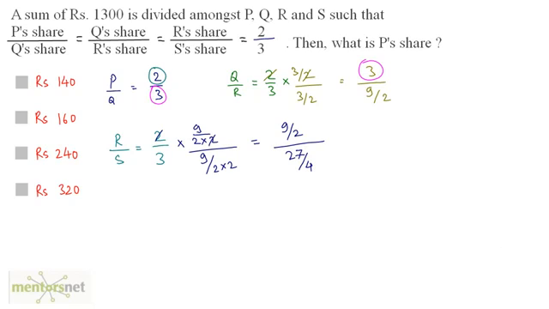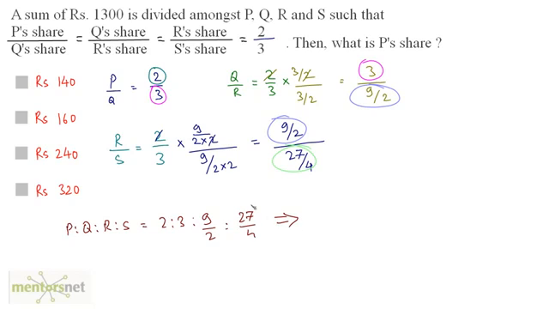So now we can again fix the value of r. We have 9 by 2 here and the value of s is 27 by 4. So now the ratio of all of the shares is p is to q is to r is to s is equal to 2 is to 3 is to 9 by 2 is to 27 by 4.